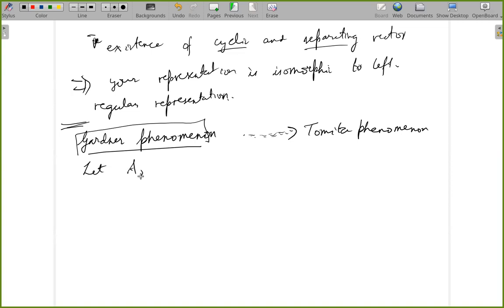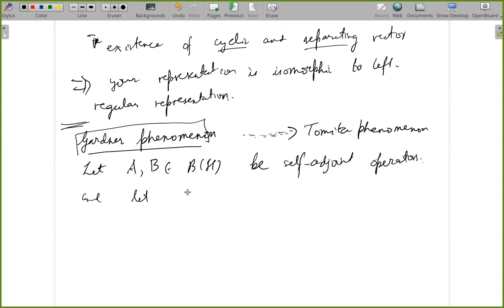Let A, B be bounded, self-adjoint operators over some Hilbert space, and let T be a bounded operator which is positive and invertible.